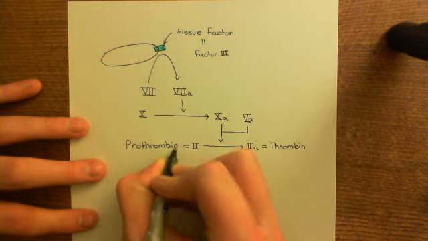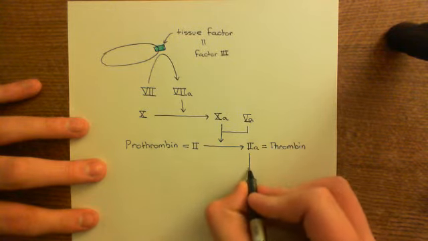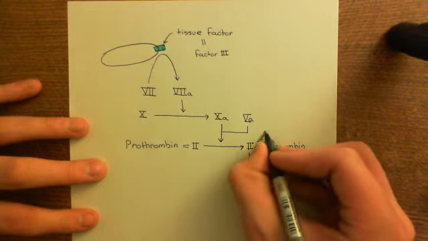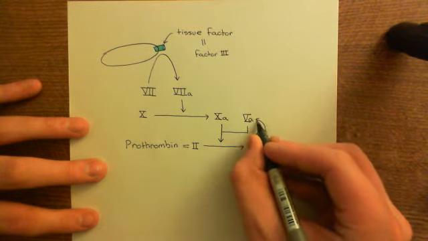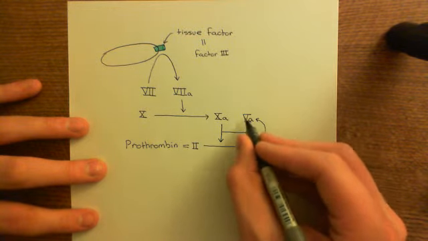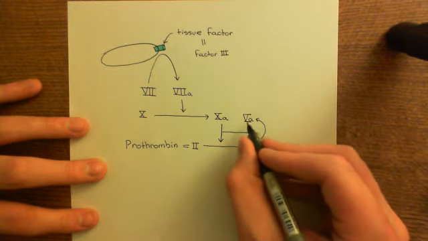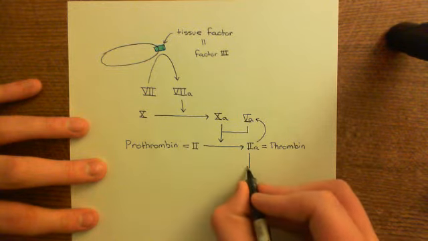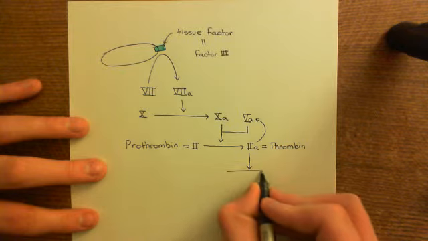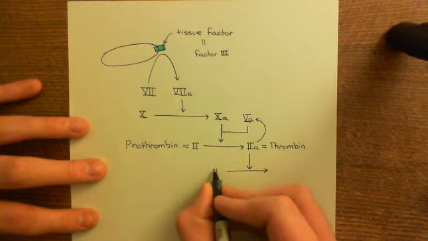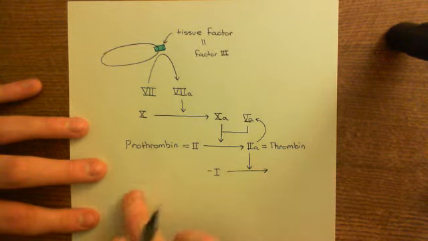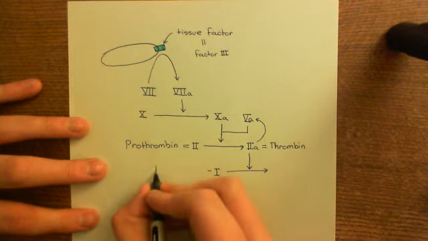Once you've activated thrombin, it will not only activate factor 5A, so it's going to have this positive feedback effect as well, raising the levels of 5A, but it will also convert factor 1 to 1A, so here comes 1, the proper name for which is fibrinogen.